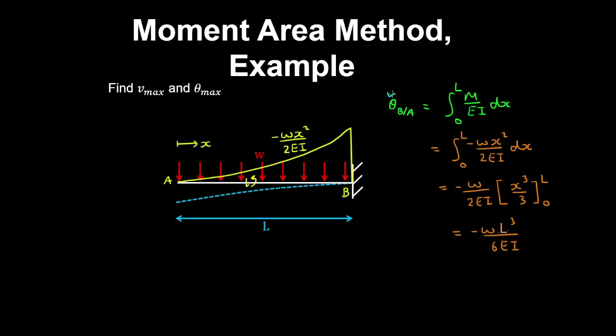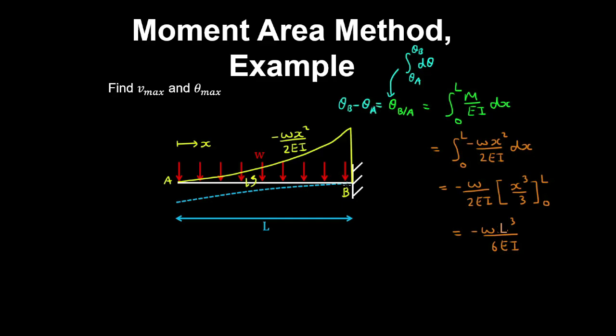And you can visualize theta B relative to A as the integral over theta, evaluated from theta A to theta B. So that'll give theta B minus theta A.